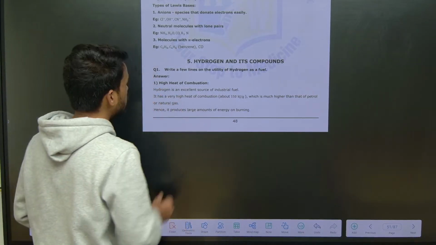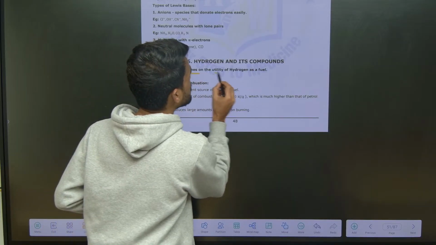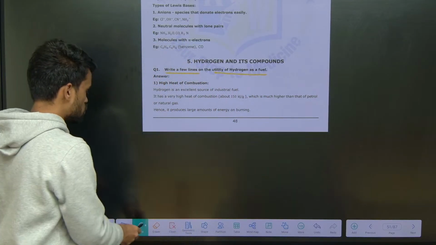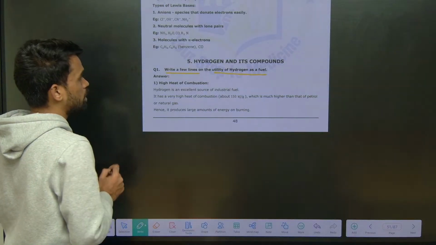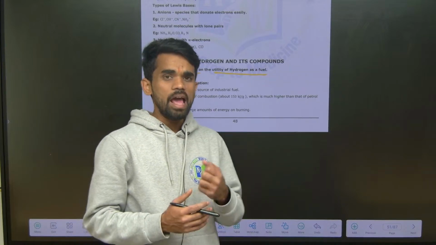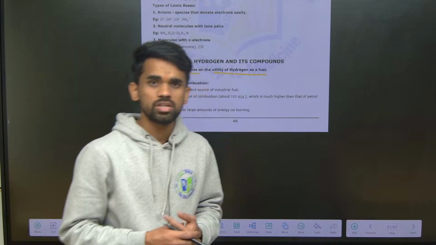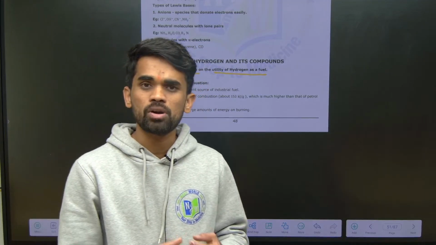The first question you need to focus on here is: write a few lines on the utility of hydrogen as a fuel. What is the use of hydrogen, and how can it be used as a fuel? We know it has a high heat of combustion, which means more heat is released upon combustion of hydrogen.